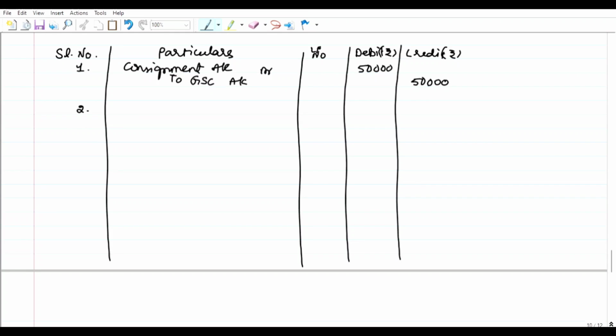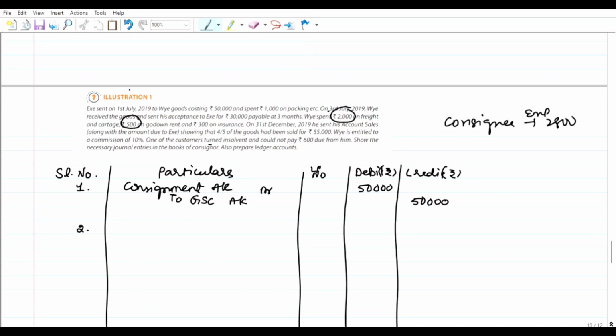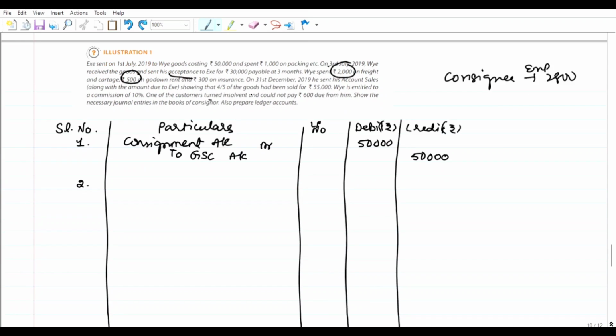For the advance received from the consignee, we can write the entry as cash or bank or bills receivable account debit to consignee. But here what happened? He gave his acceptance for the bill of 30,000 payable at 3 months. That means the bill has been drawn by us on the consignee.